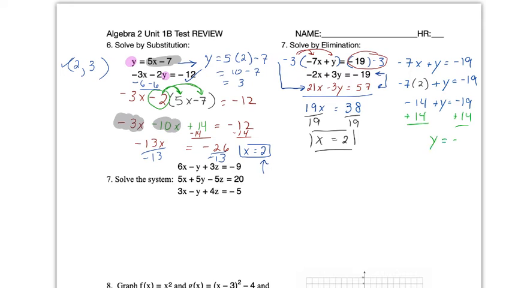Y is equal to negative 5. So these two should intersect at that point. Now I am going to check it mentally in my other equation. Negative 2 times 2 would be a negative 4. 3 times negative 5 would be a negative 15. Negative 4 and negative 15 is negative 19. So it again checks in both equations.